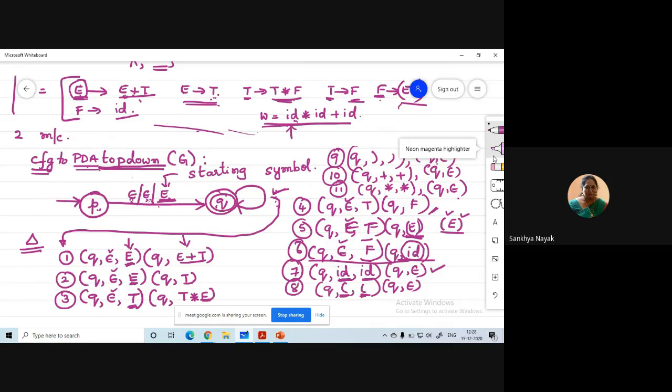So if you have an open bracket in the input and also open bracket in the stack, you are going to pop. So basically you are matching, whether it's a closed bracket with closed bracket, plus with plus, or star with star, all of those we are going to pop. Okay. So this is converting a given CFG to PDA using the top-down approach.